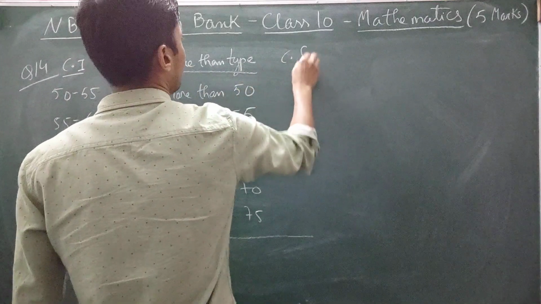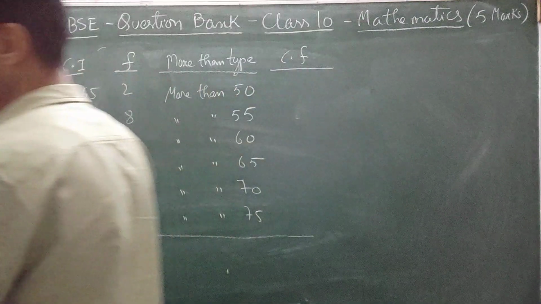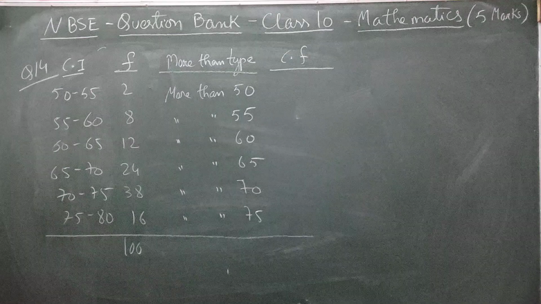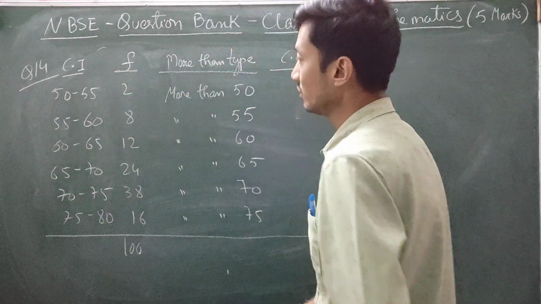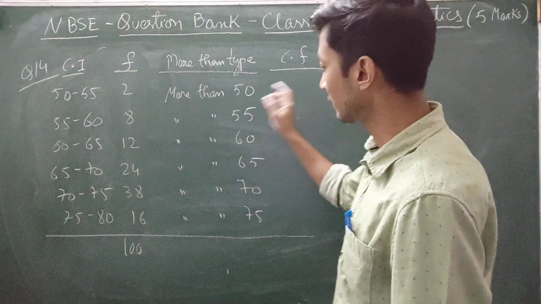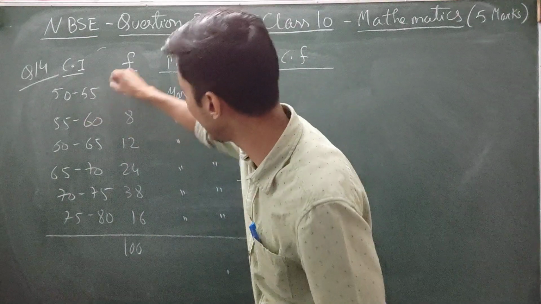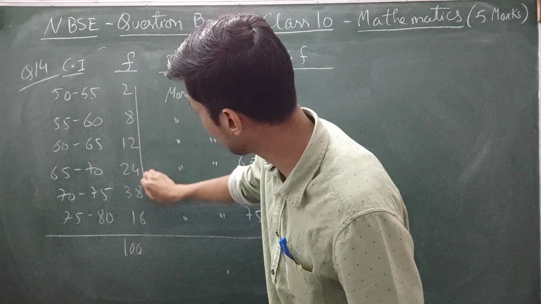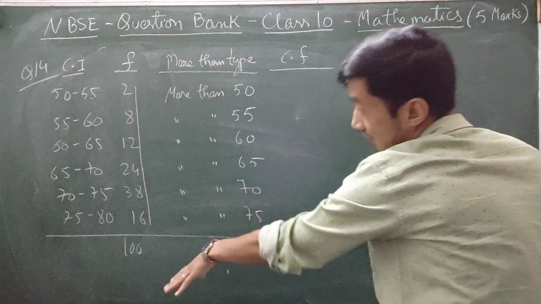And our cumulative frequency for our more than table. Now you see, it's very simple. When you go for a more than cumulative frequency, you start from the bottom, because more than 50 means all these are values of more than 50.